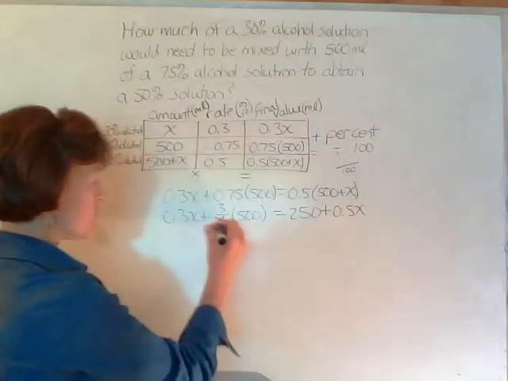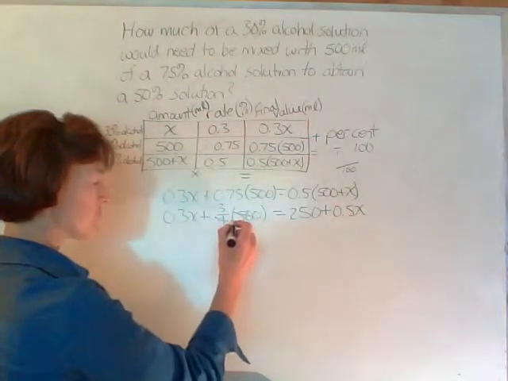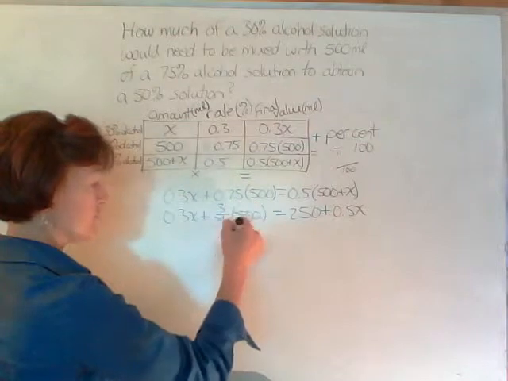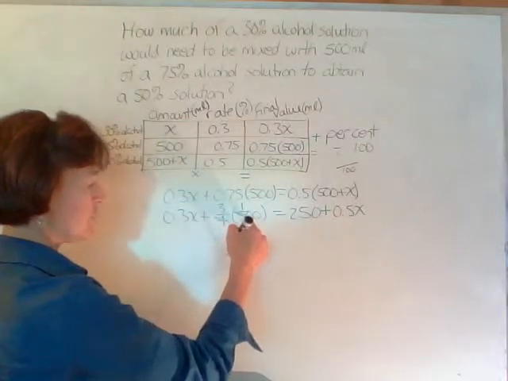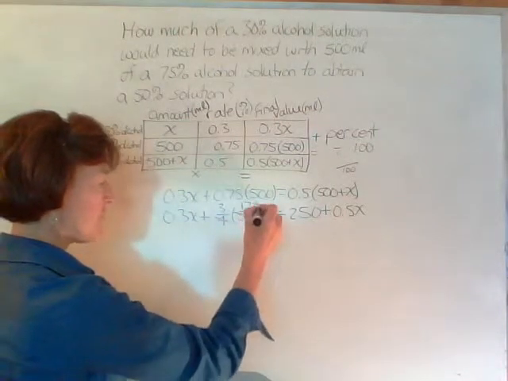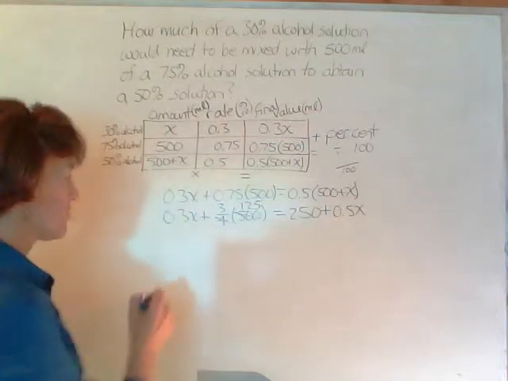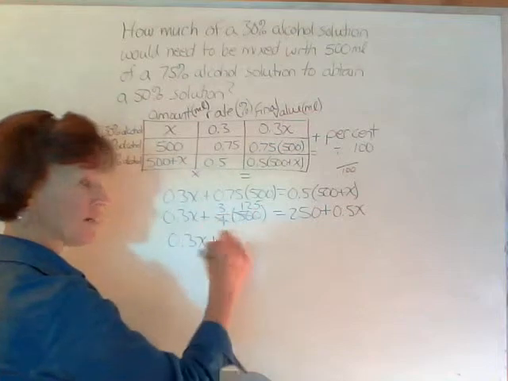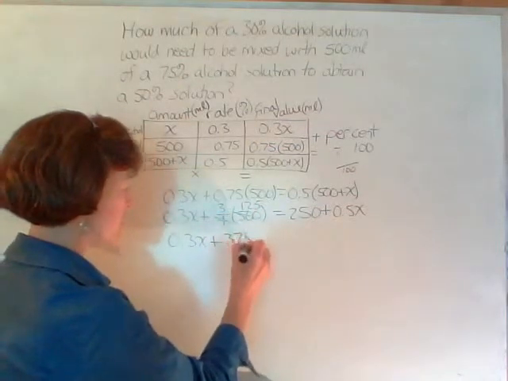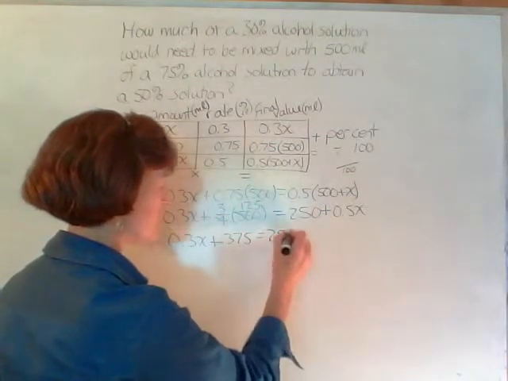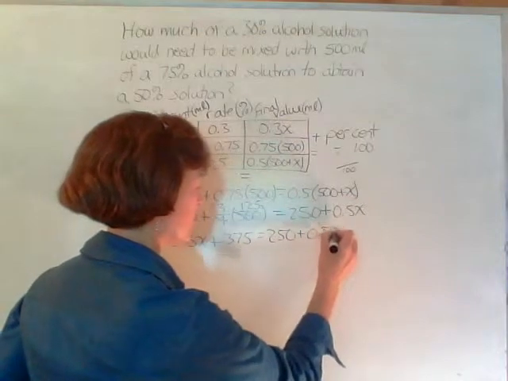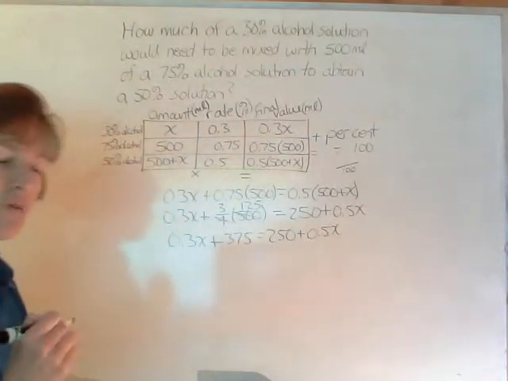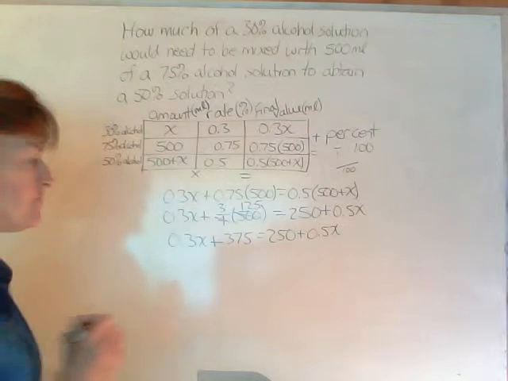Plus 0.5x. So when I do this multiplying, 4 goes into 500. It goes into 5 once, and I have 1 left. It goes in twice, and I have 2 left, and it goes in 5 times. So now I have 0.3x plus 3 times 125, which is 375, equals 250 plus 0.5x. If you do smart math, you don't need a calculator.